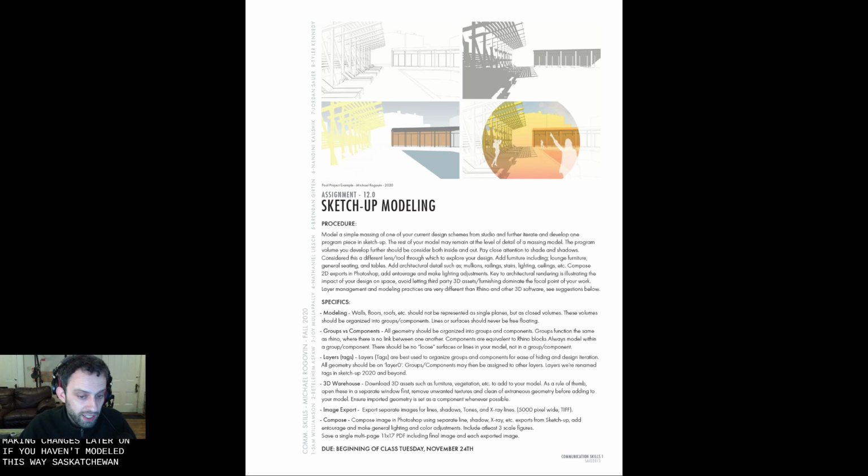SketchUp does have a layer management system that's also referred to as tags. I believe in SketchUp 2020 and beyond, they've changed the name from layers to tags. Layers are not exactly the same as what you'd use in Rhino or Photoshop or anything else. They're best thought of as a way to organize groups and components.